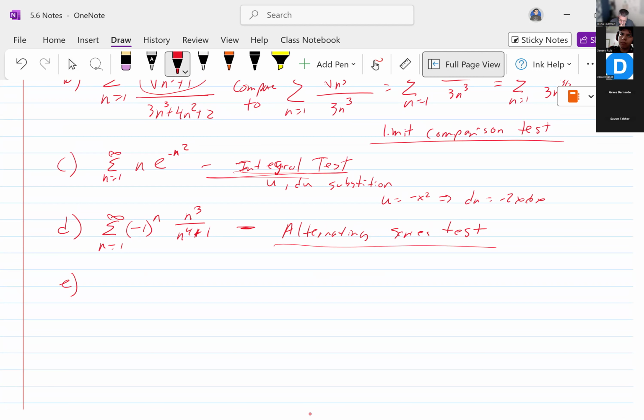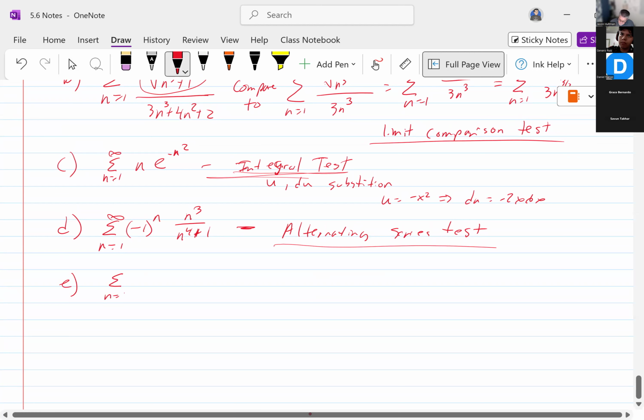Okay, let's look at this one. Summation n equals 1 to infinity of 1 over 2 plus 3 to the nth power. What one might I want to use on this one?